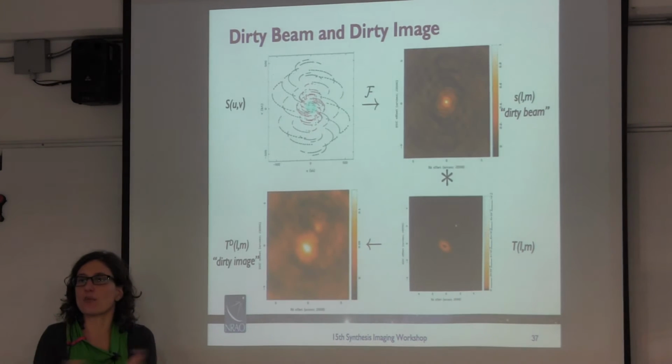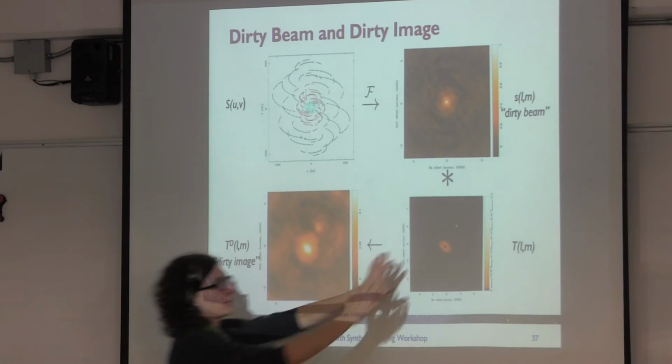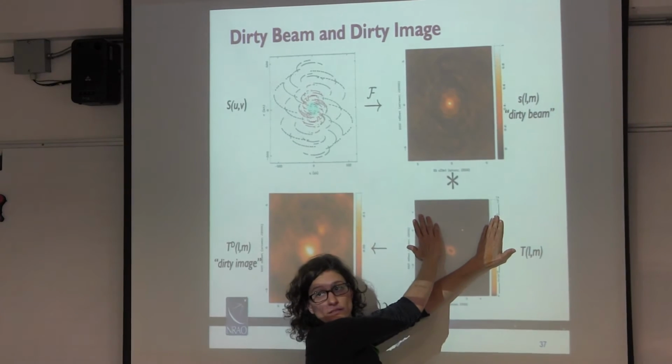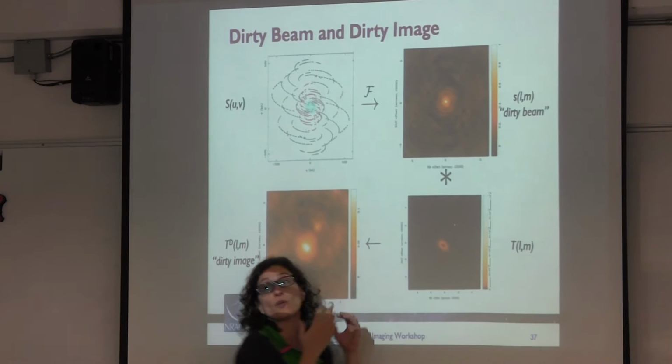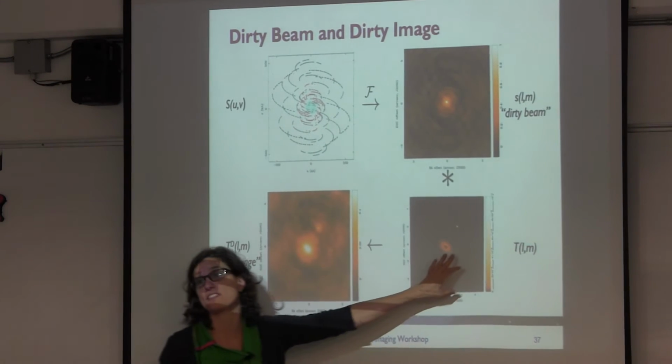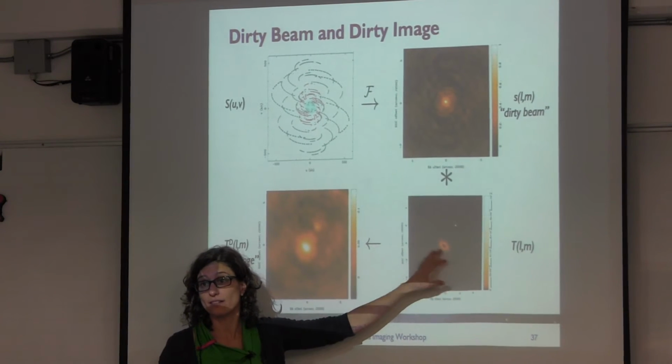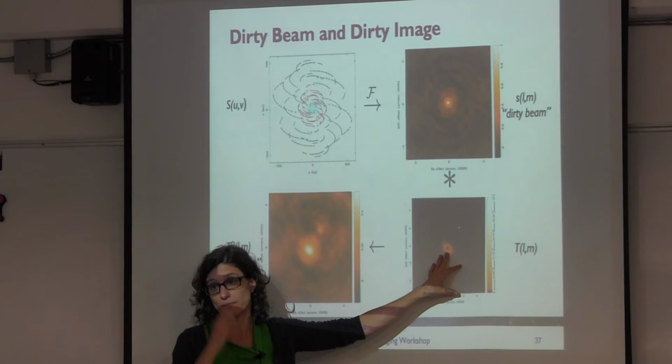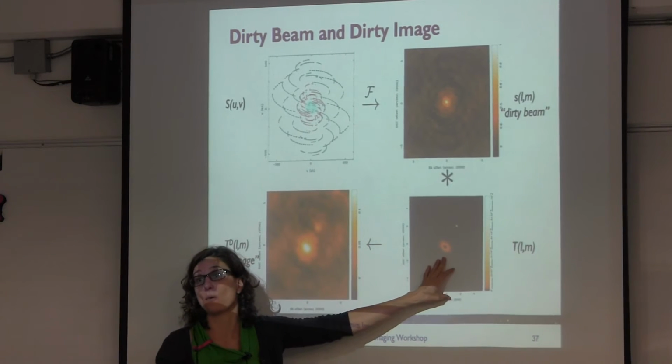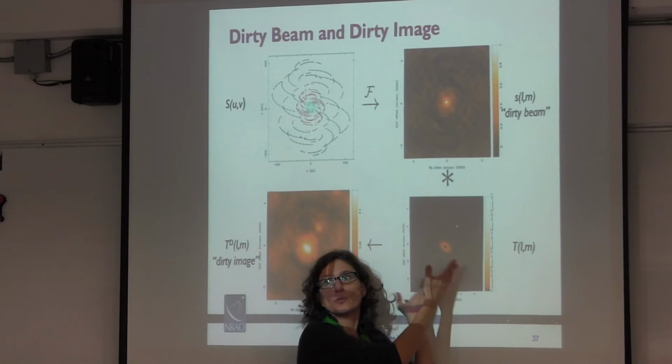In a normal observation, this is an unknown, and you are doing your best to find which model this is. This is what you are trying to get.